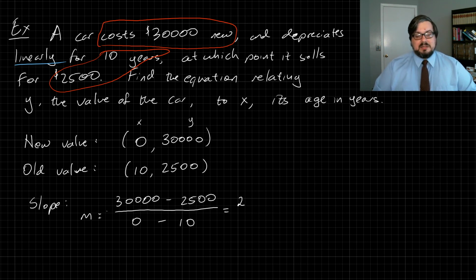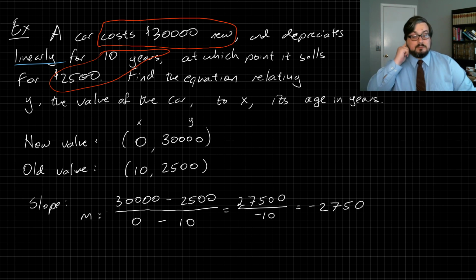So this gives me 27,500, whoops, too many zeros, over negative 10, which I can simplify down to negative 2,750. So there's our slope.